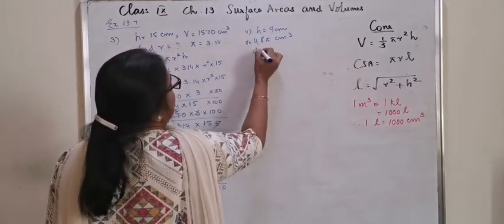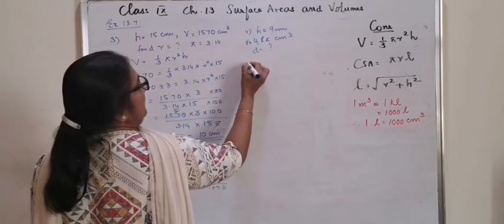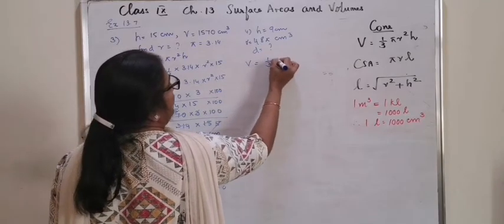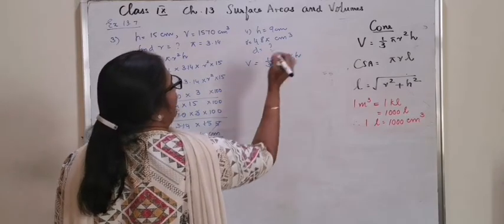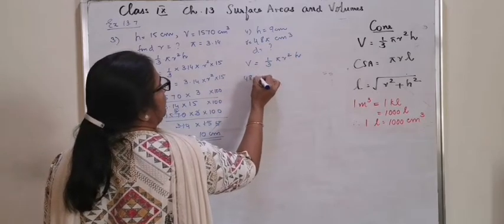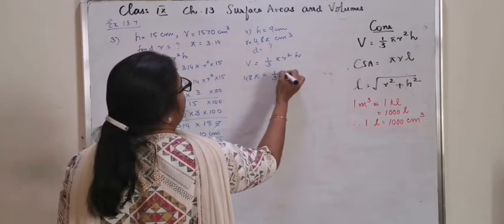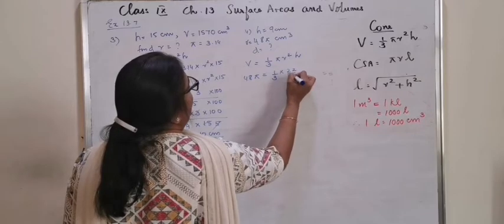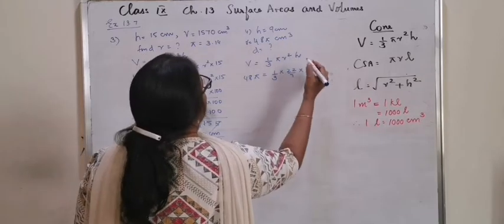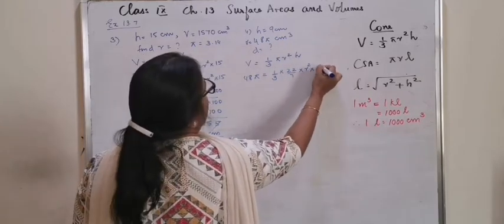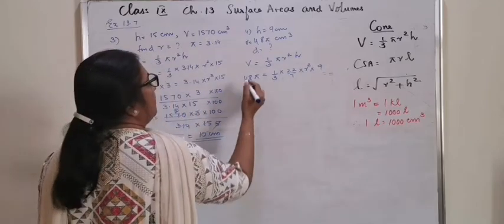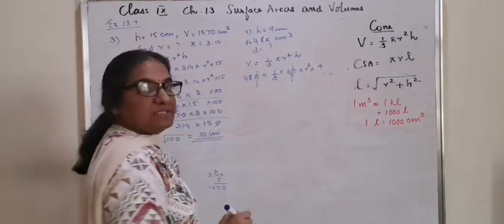The diameter has to be found out. So similar problem as before: V is equal to 1 by 3 pi r squared h. 48 pi is equal to 1 by 3 into 22 by 7 into radius, which has to be found out, and h is 9. Now pi can be cancelled from both sides.